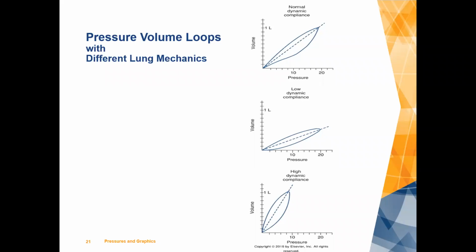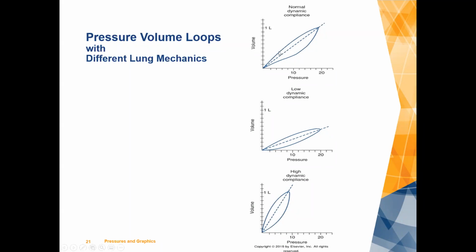The highly compliant patient may well be a patient who has severe emphysema, where the elastance of the lung has been reduced. That ability for the lung to spring back is lost; it's a saggy, emphysematous lung. So you would have the opposite: for an increase in volume, a disproportionately lower increase in pressure.